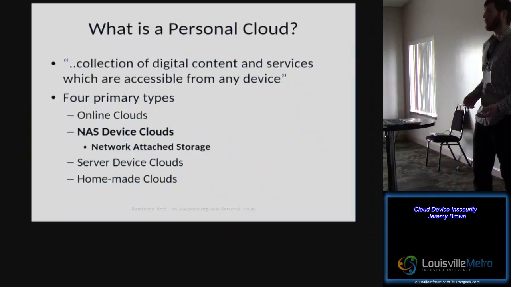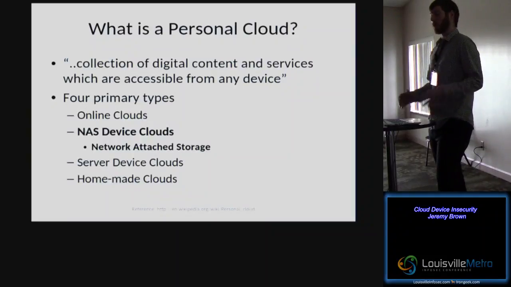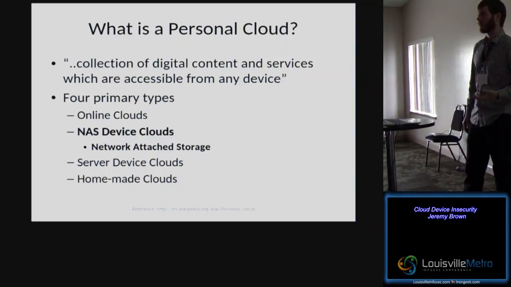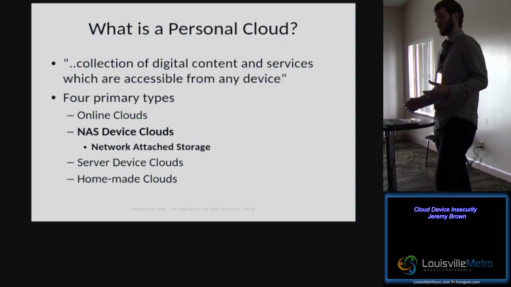But there's a few different types of cloud devices, or cloud concepts in general. The one like AWS, for example, fits in the first one, the online clouds. But I'll be talking about the NOS devices.